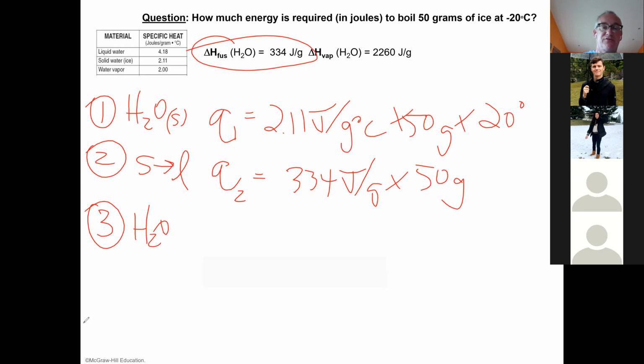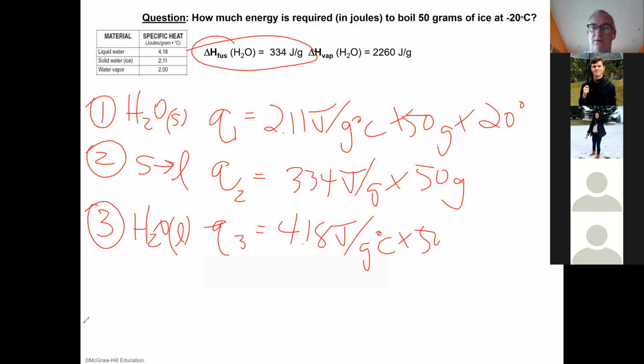So right now we strictly have liquid. So our Q3 is going to be, now we have the specific heat of liquid water, 4.18 joules per gram per degree C times 50 grams times, what's our change in temperature going to be?